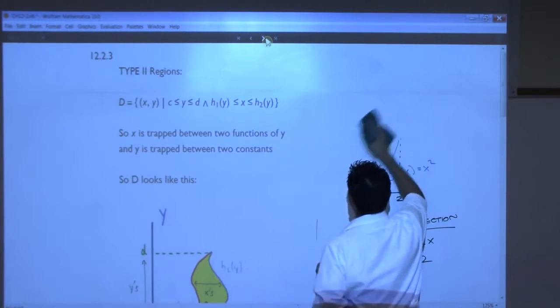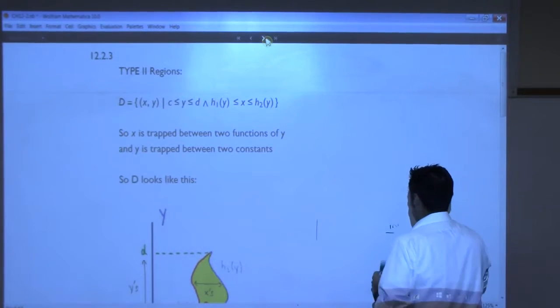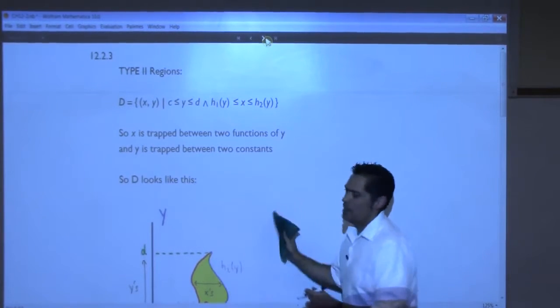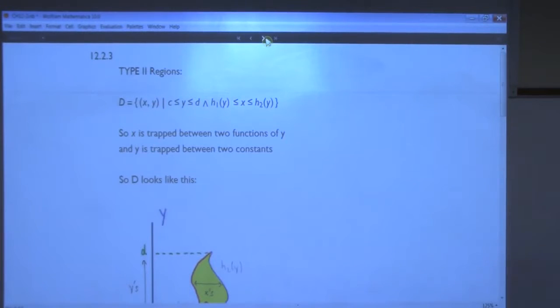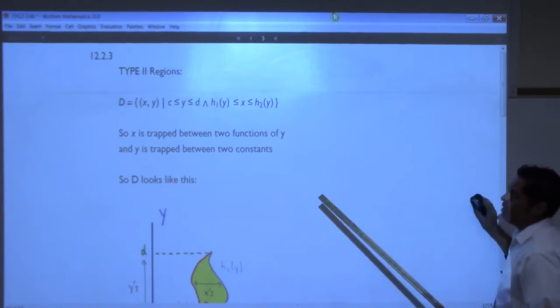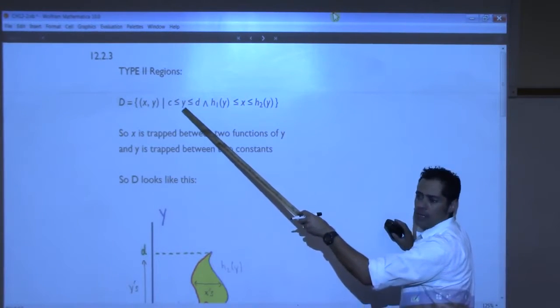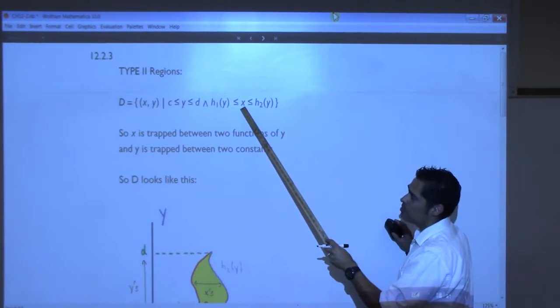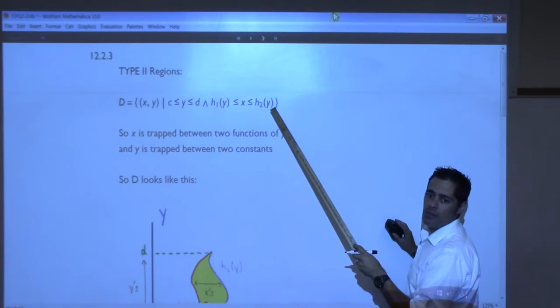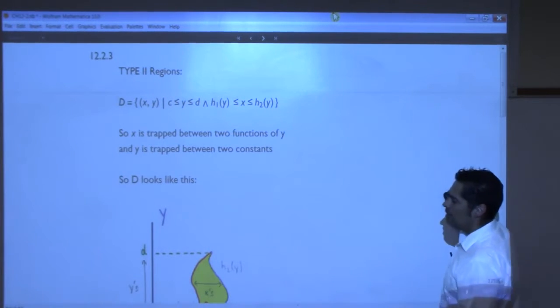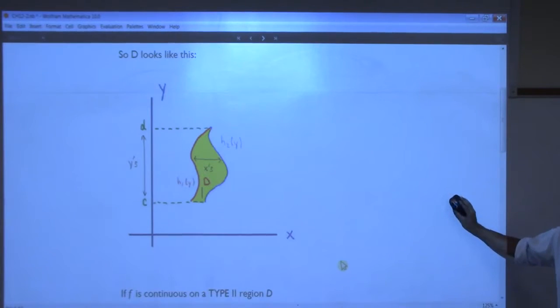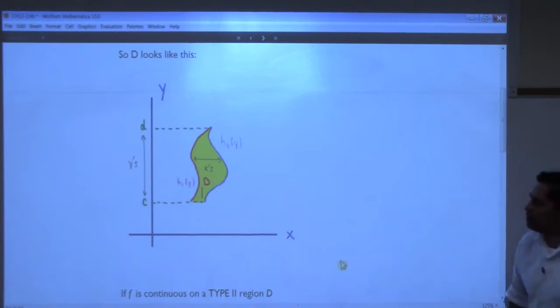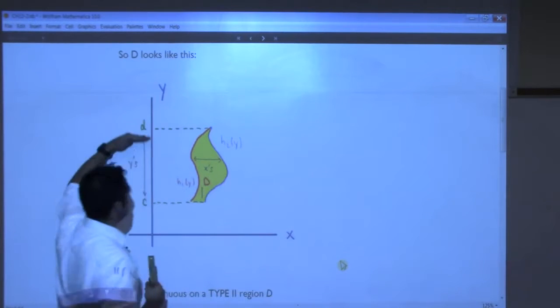All right, so then what is a type 2 region? A type 2 region helps you deal with regions where the curves you're looking at are not functions of x. So this time, our y value is trapped between two constants, and our x values are stuck between two functions of y. So it's basically a sideways picture of what we just did. Your y's are stuck between two places.